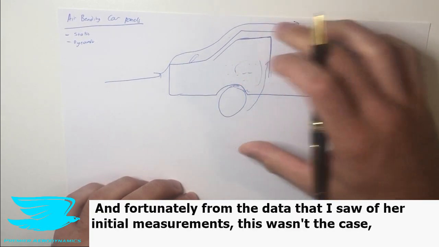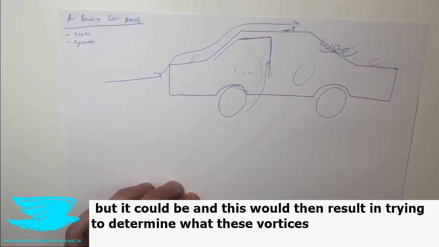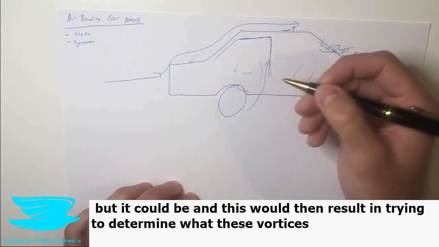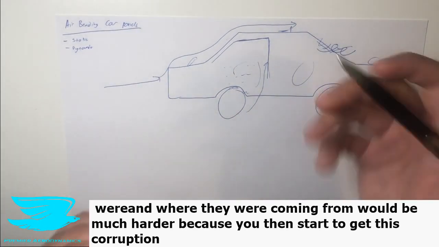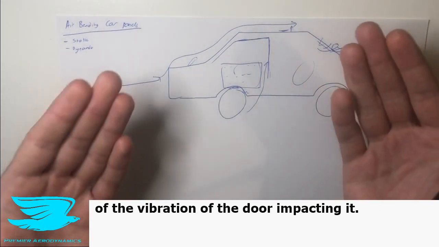And unfortunately, from the data that I saw of her initial measurements, this wasn't the case, but it could be, and this would then make it much harder to determine what these vortices were and where they were coming from, because you then get this corruption of the vibration of the door impacting it.